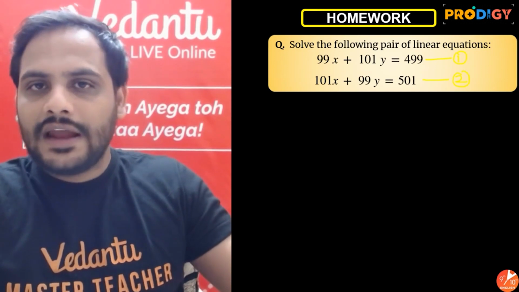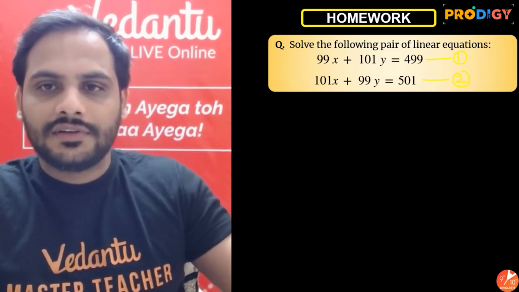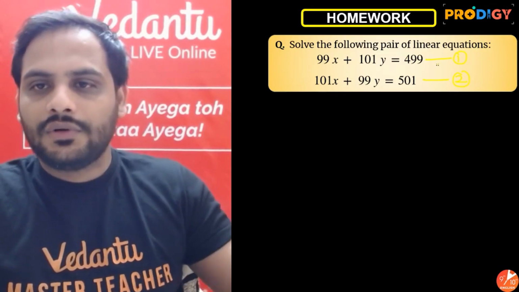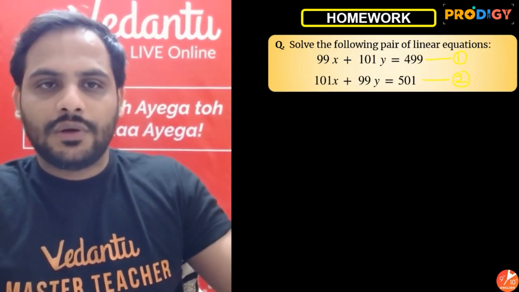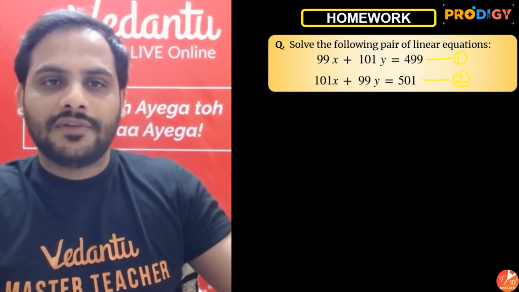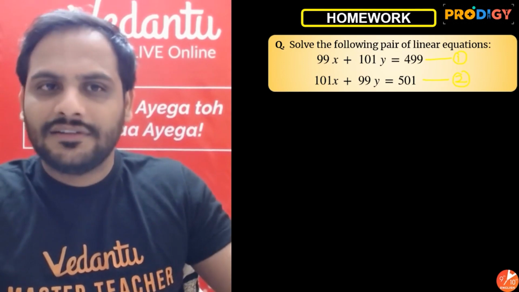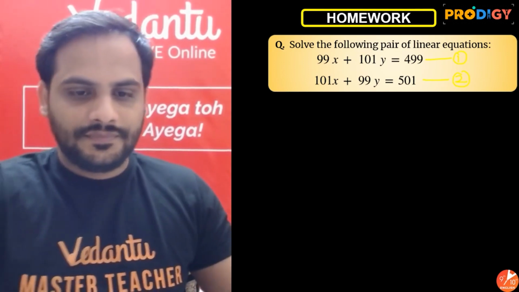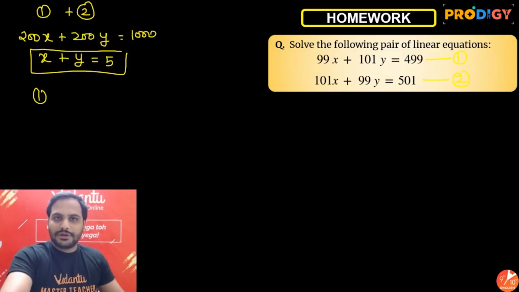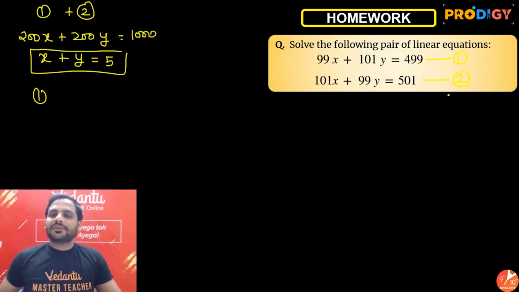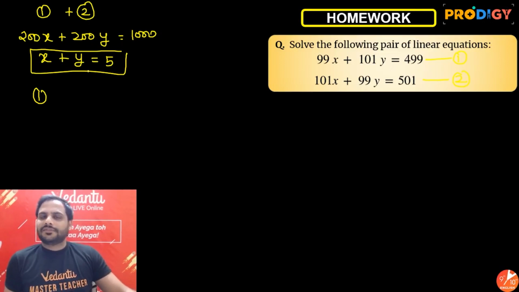I will get 99 plus 101 is 200x, plus 101 plus 99 is 200y, is equal to 499 plus 501, which is 1000. Take 200 common, so x plus y is equal to 5.